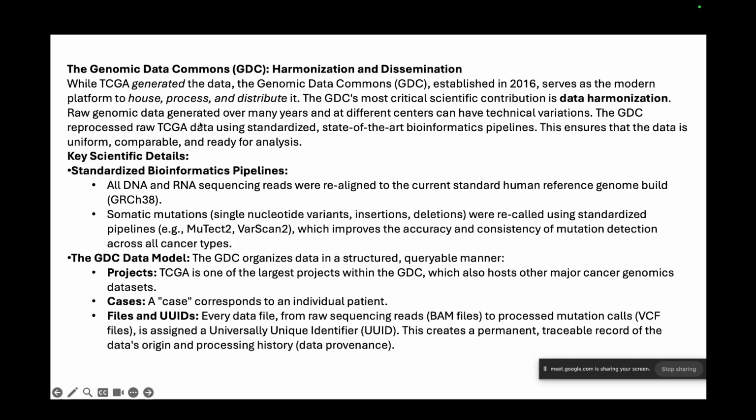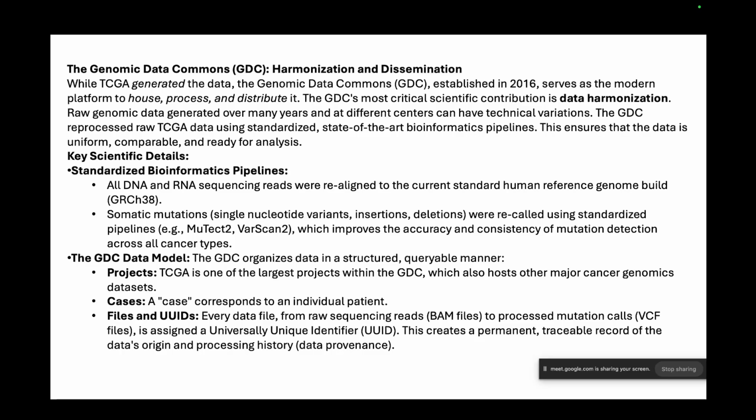So the GDC reprocessed the raw TCGA data. It collected data from all sources, and then reprocessed the data using a standardized, state-of-the-art bioinformatics pipeline. They took the raw data and aligned it to the same build of the reference genome, and used the same build of other bioinformatic pipelines, so that there is no batch effect among the data.